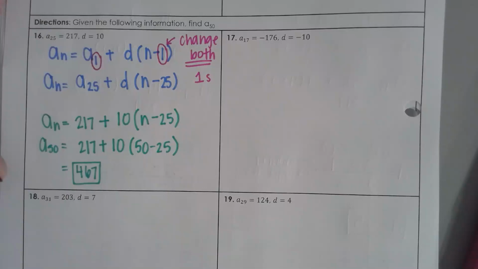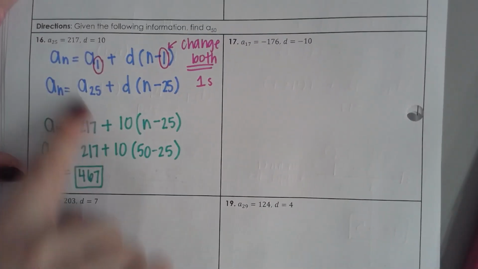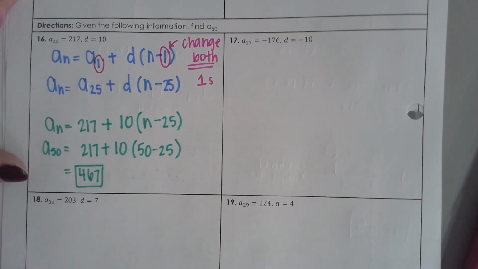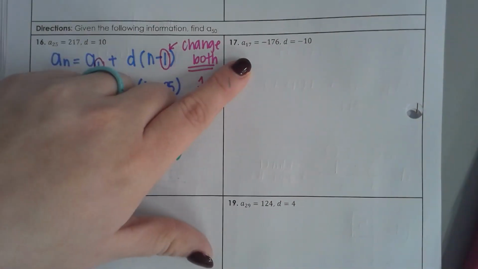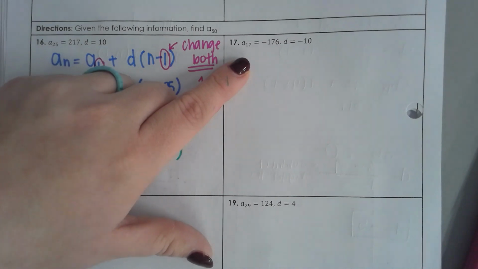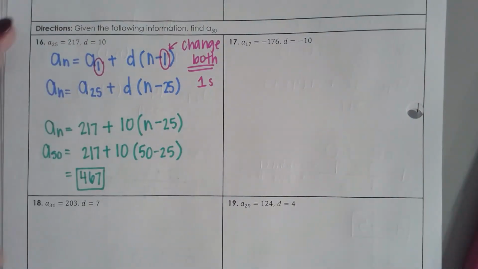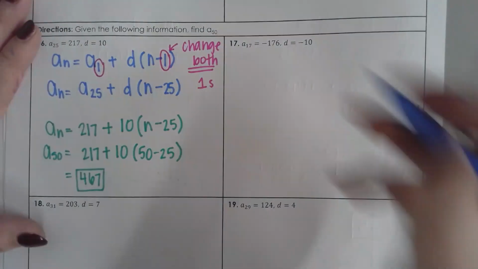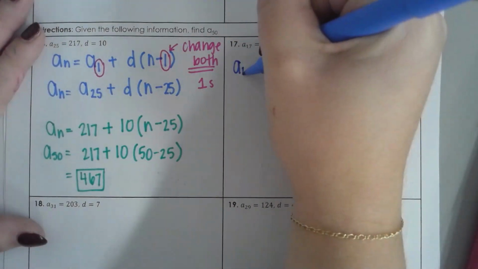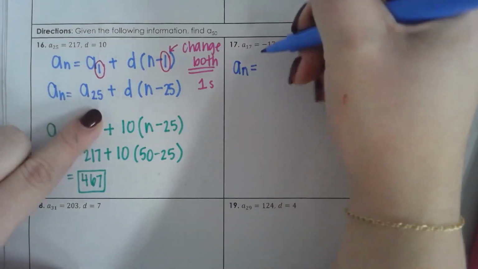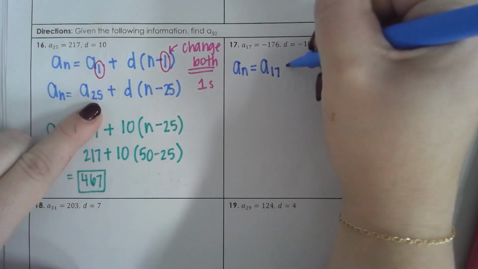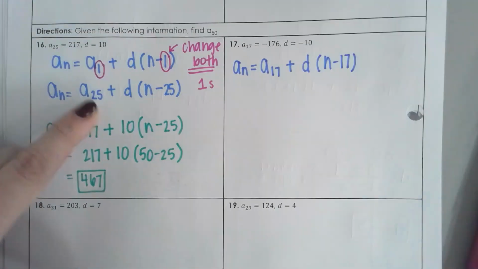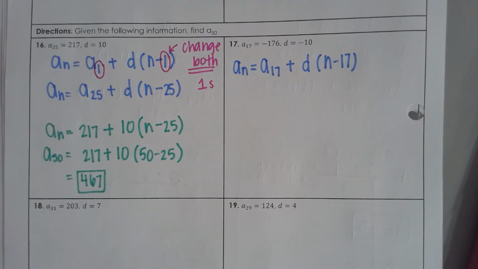All right, so number 17. I don't have A1, so we're not going to use A1. What should I change the 1 to? 17. 17 would make the most sense for this problem because we are given A17. So I'm going to rewrite my formula. AN equals A17 plus D times N minus 17.